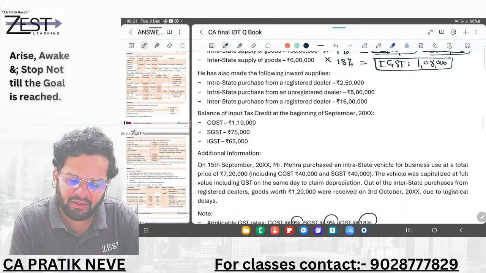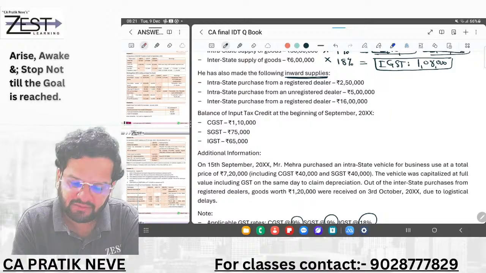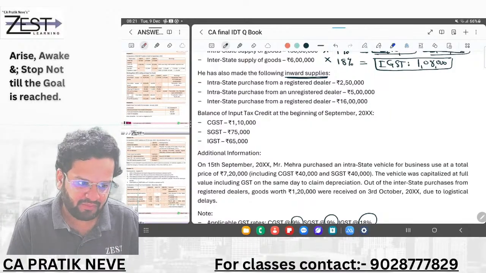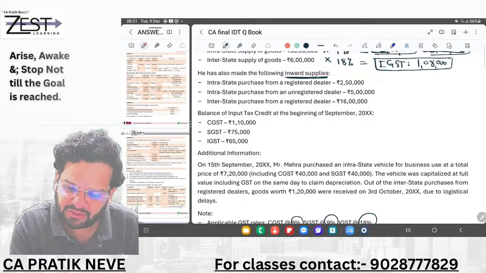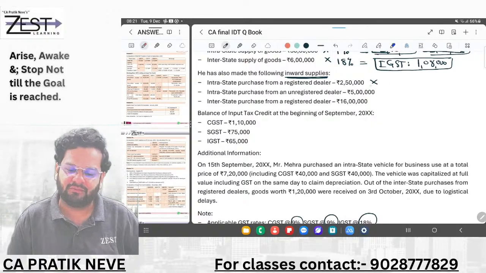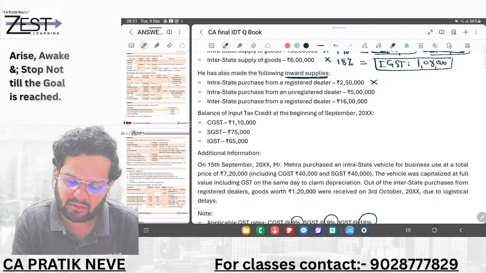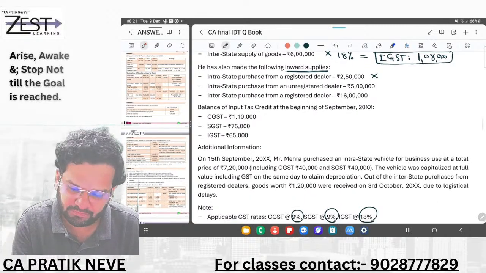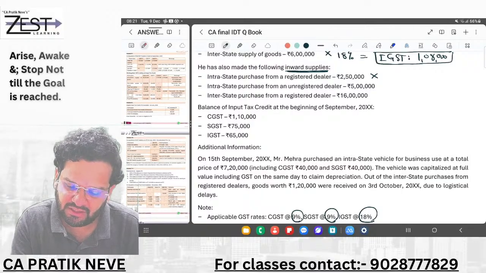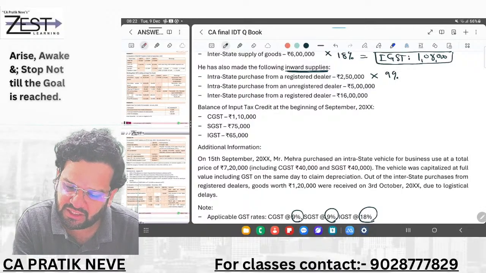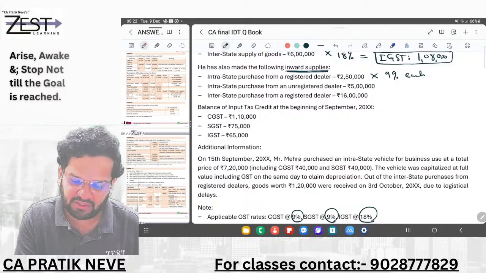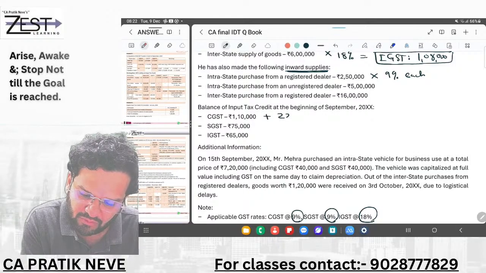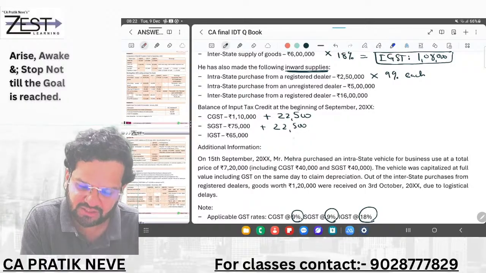Now he also made following inward supplies, means purchases. So intrastate purchase from registered person is of 2,50,000. So friends, 2,50,000 into the GST, which is at 9% each. Calculate now. 2,50,000 into 9%. 22,500 will be CGST and 22,500 will be SGST.